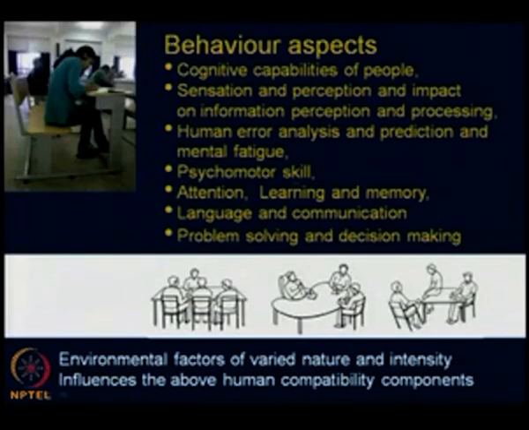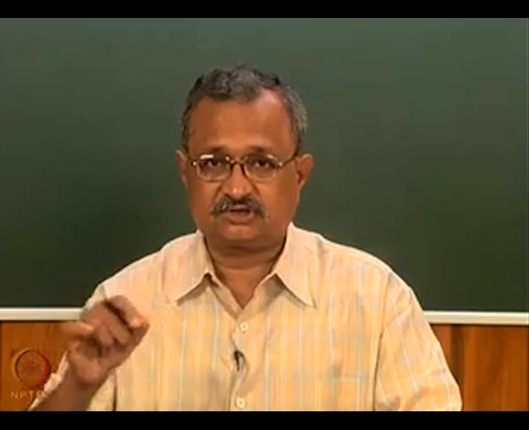Psychomotor skill, attention, learning and memory, language and communication, and problem solving and decision making, these are the items that we must consider under behavioral aspects of ergonomics, and that is the design relevance. How these factors are related to design directly, that we will discuss with specific examples in next classes.